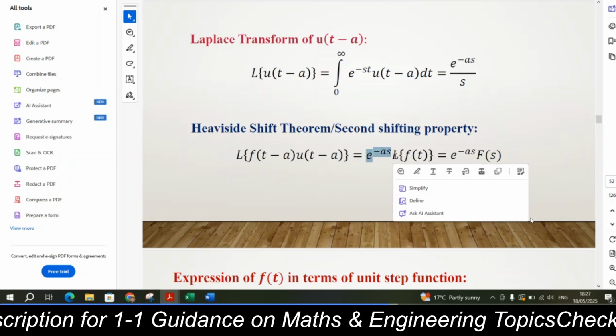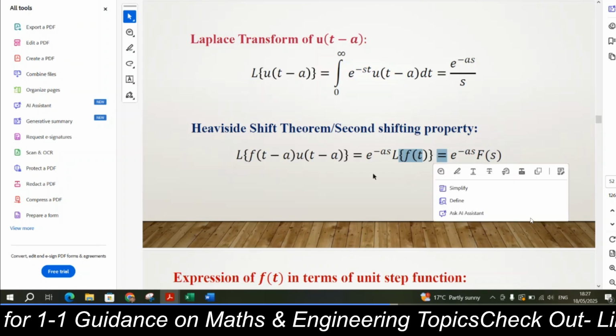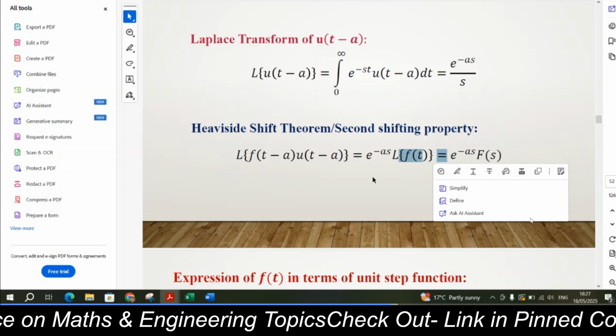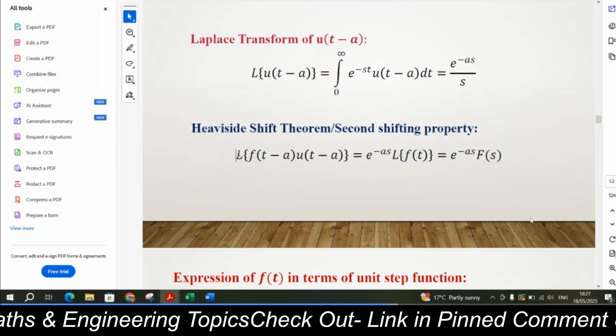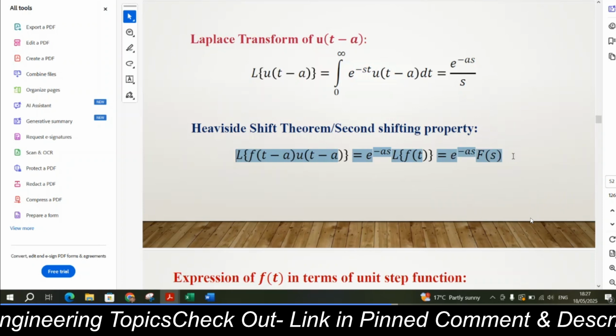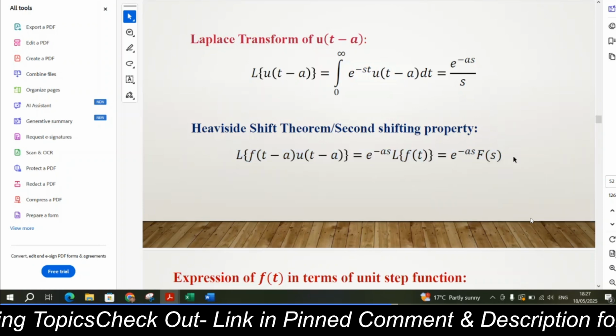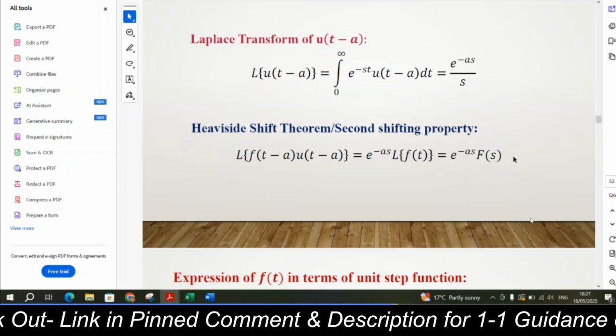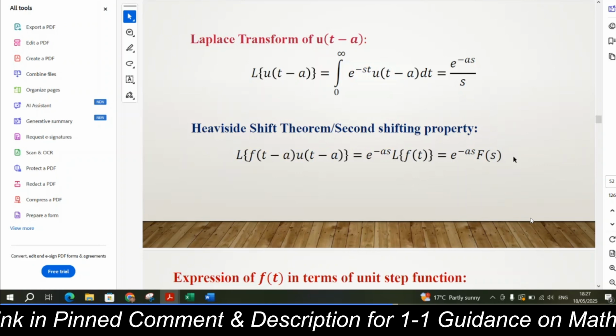See, this t minus a over here, you have the same Heaviside function with the same minus a value, multiplied with the function, that is equivalent to e raised to minus as multiplied to the Laplace transform of f of t. I wouldn't say it makes sense, because you have not proved it, but this is the formula. Have you understood this?